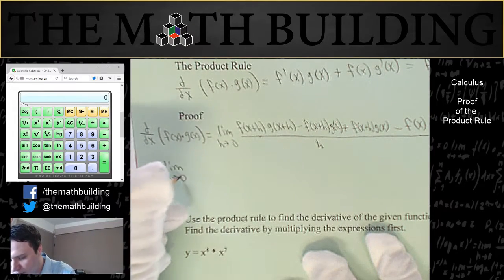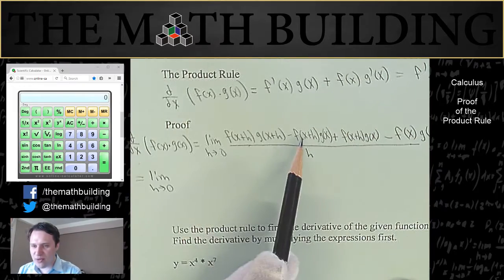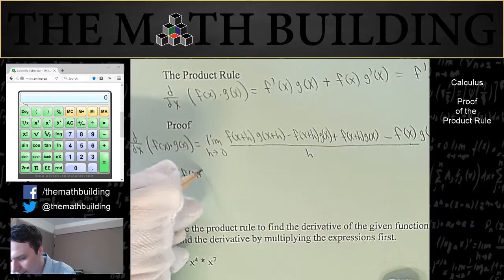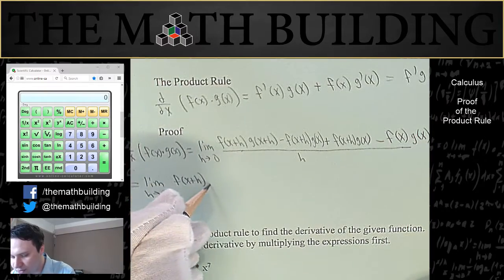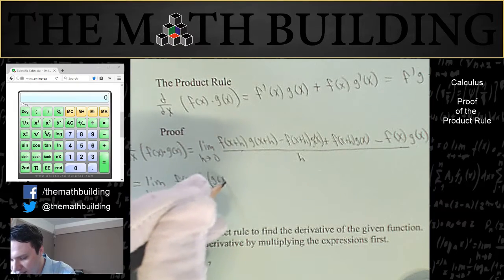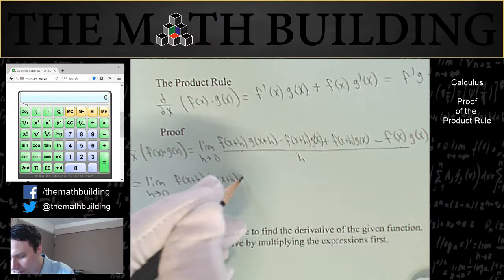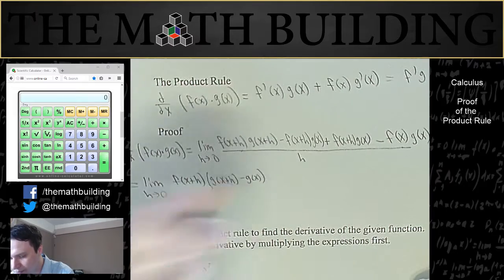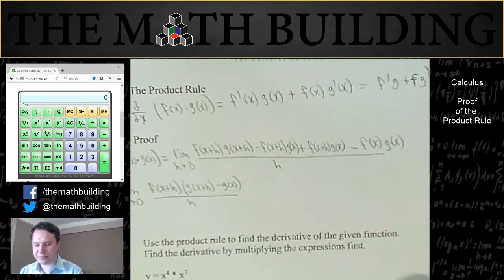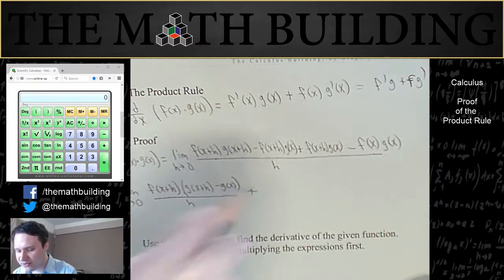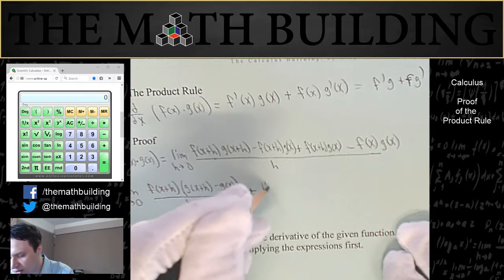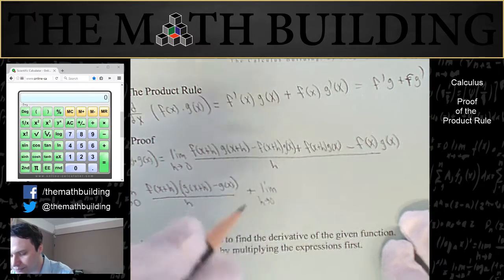We have the limit as h goes to 0. I'm going to factor out the f of x plus h from both of these. And so this will be times g of x plus h minus g of x all over h. Okay? And now I'm going to break up this two. I'm going to use this plus to break the fraction into two. So I have another limit as h goes to 0.